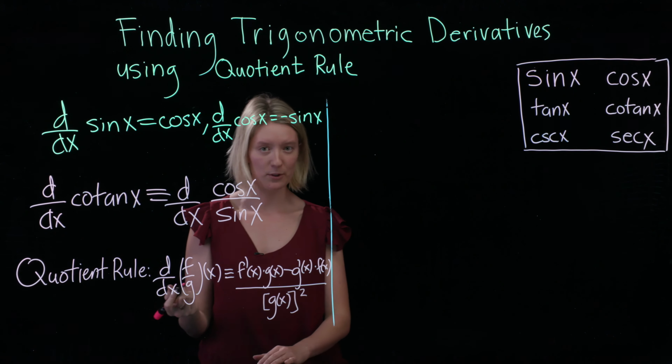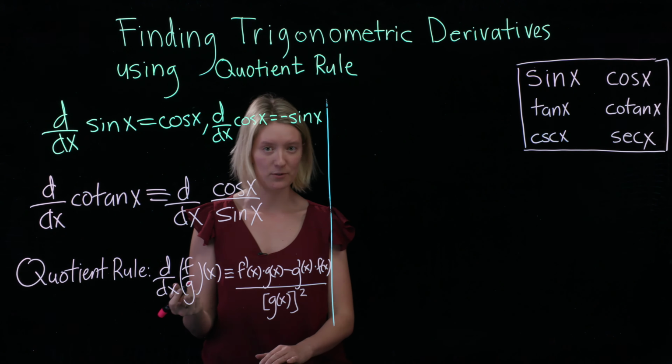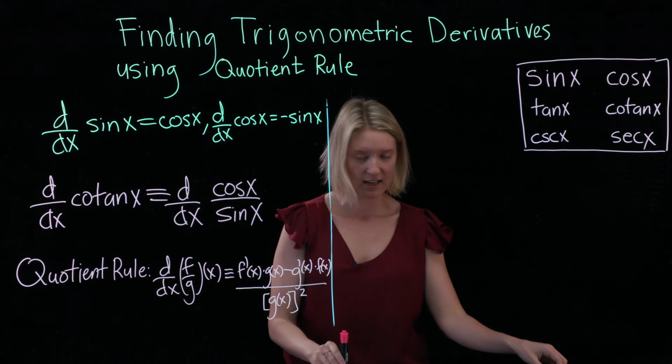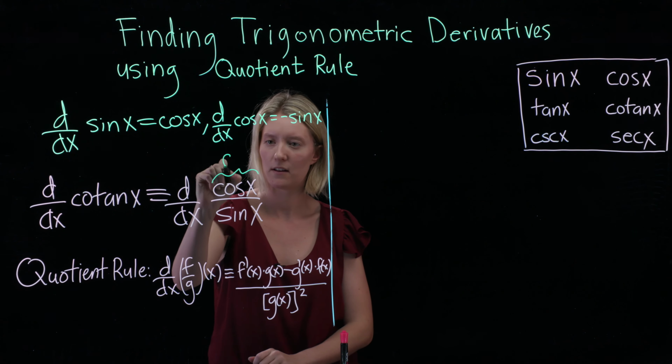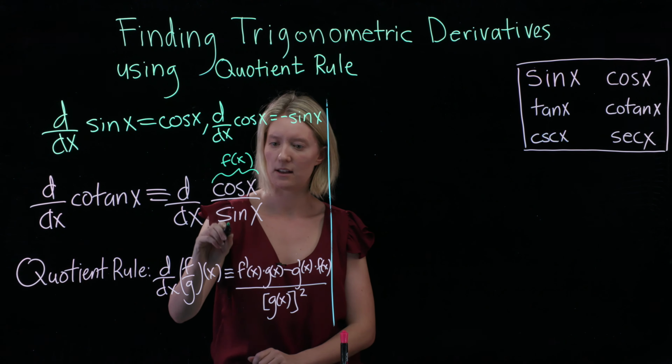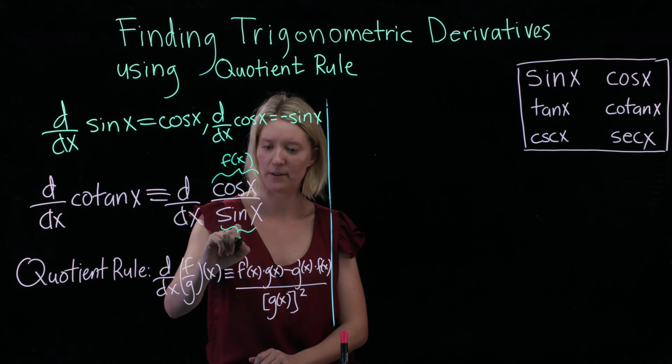So again, whenever I'm using one of these rules to help expedite the process of finding a derivative, I want to be able to visualize, what is my f of x and what is my g of x. So in this case, I'm going to say let cosine of x be my f, and let sine of x be my g.